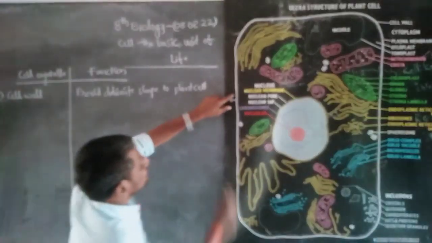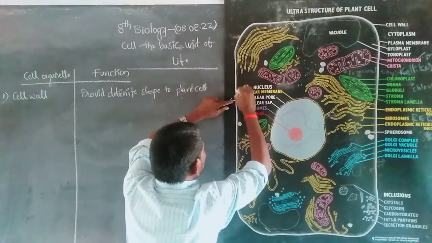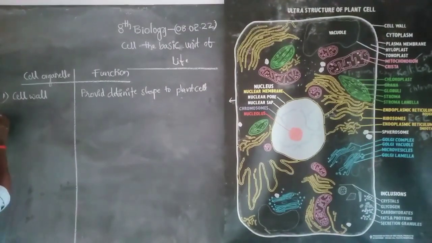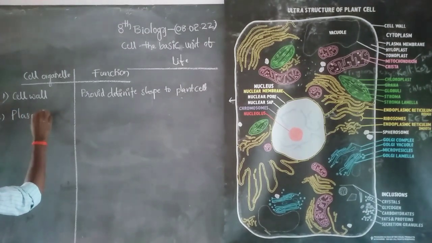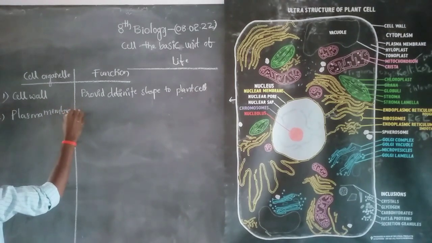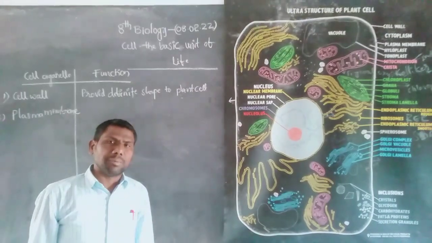Next, this cell wall is followed by the innermost thin layer. This is called plasma membrane. What is the function of plasma membrane?